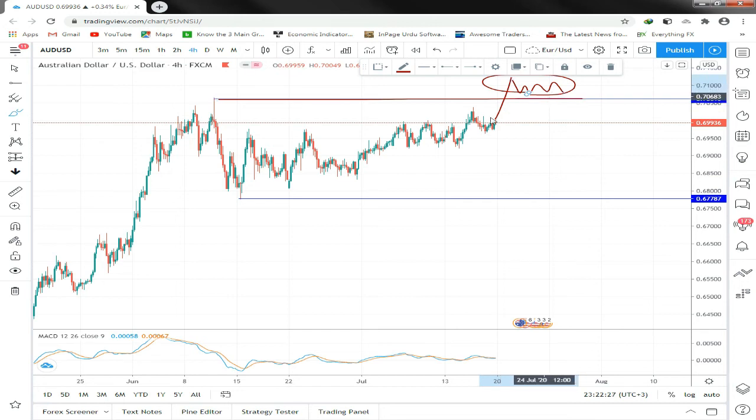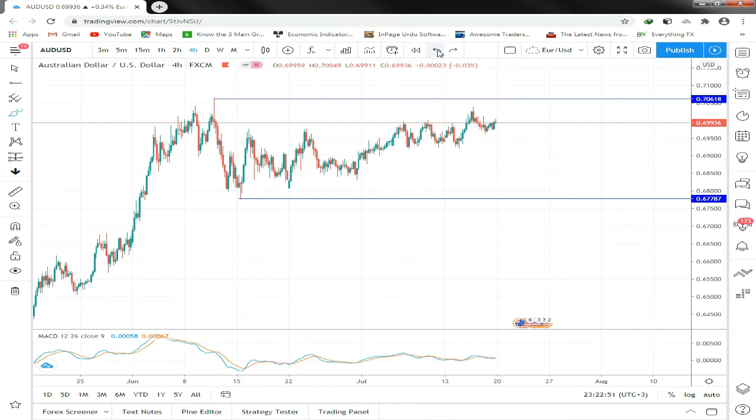So they might think that now resistance has turned into support and they trigger their trades over these areas, and price moves upwards, and they think, yeah, we get some interesting positions over here, then suddenly price will move downwards.